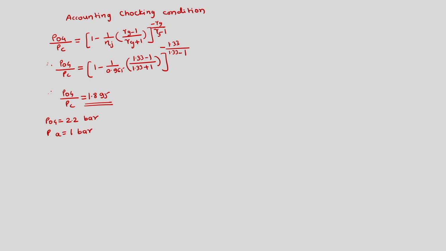Since it is at sea level, we have P04 upon PA equal to 2.2. Hence, we have P04 upon Pc is less than P04 upon PA. So PA is less than Pc. This says that the nozzle is choked.